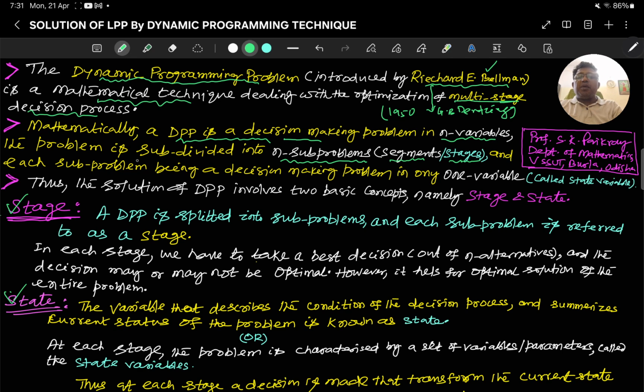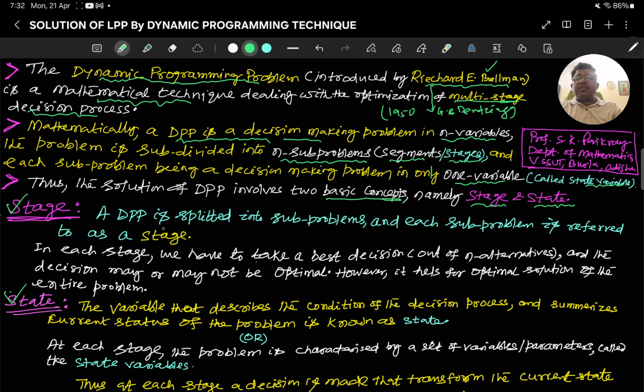Each subproblem is a decision making problem in only one variable, and this is called the state variable. So the solution of the DPP involves two basic concepts: one is stage, the other is state.